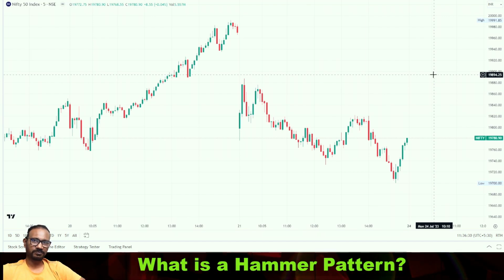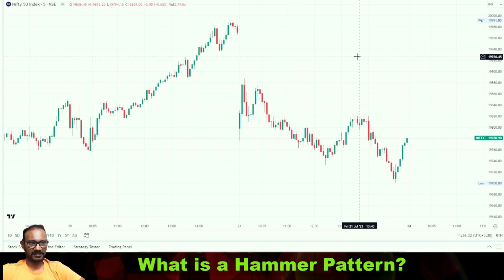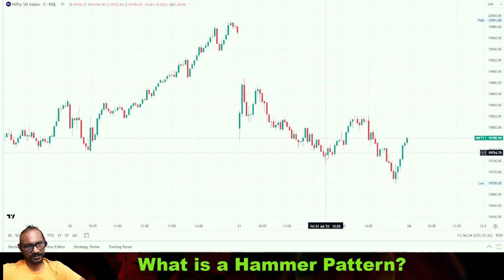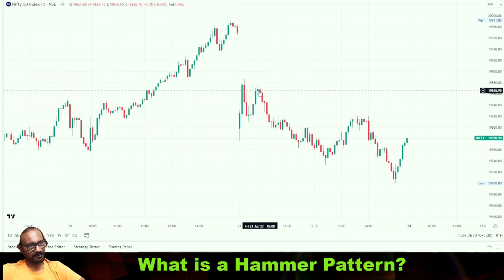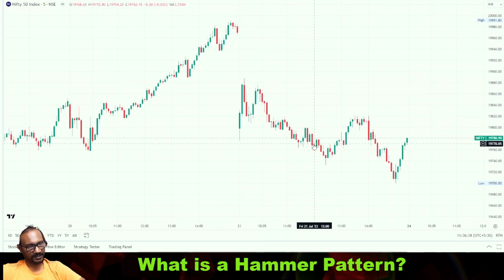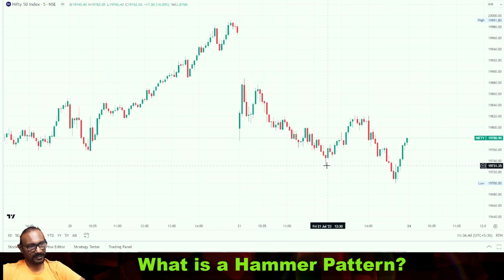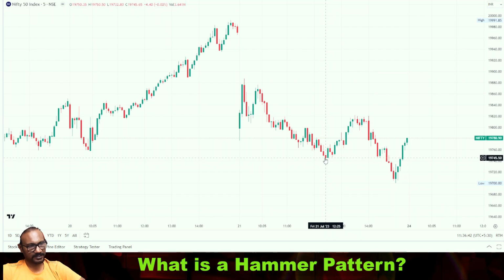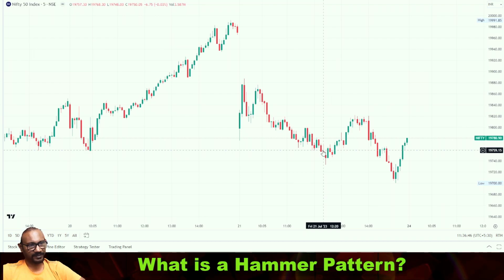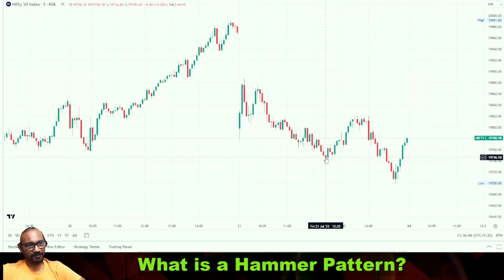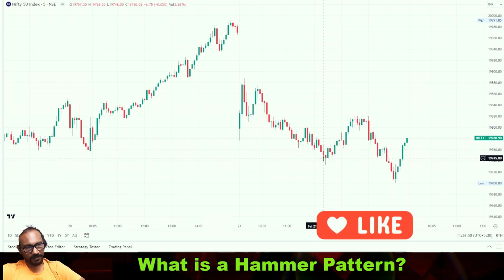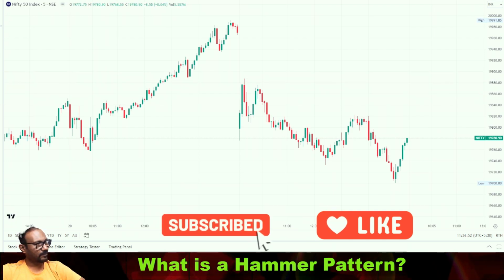I'm going to say the answer. Here is the hammer. You see the preceding trend is a downtrend, it retraced and then it came down. And as soon as it made this long wick, see the next candle, it broke the previous one, and then you got an entry.